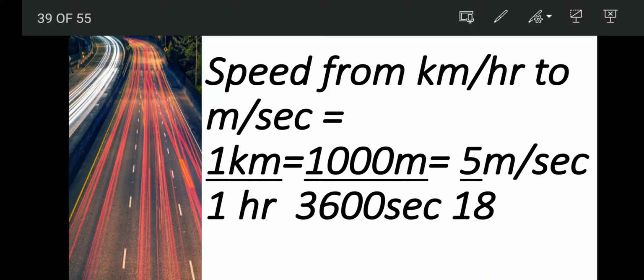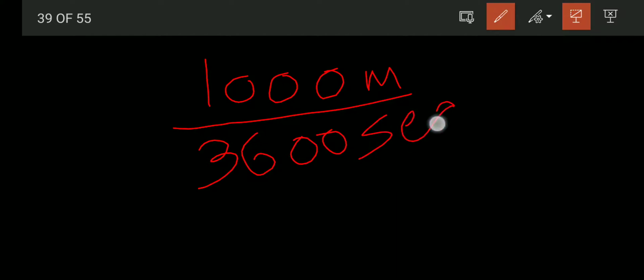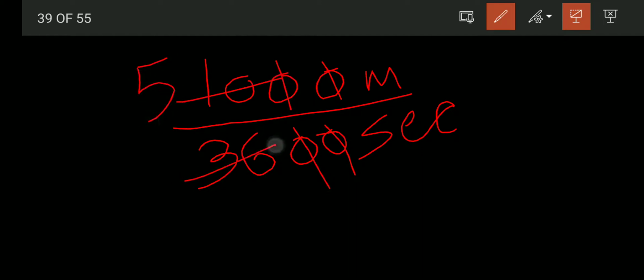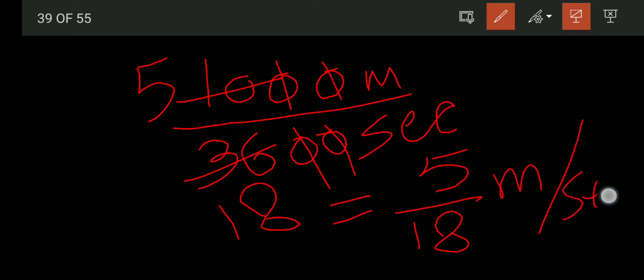Now 1000 meter divided by 3600 seconds. Now we'll cancel 0, 0, 0, 0, 2 5s are 10, 2 18s are 36. What we get is 5 by 18 meter per second.